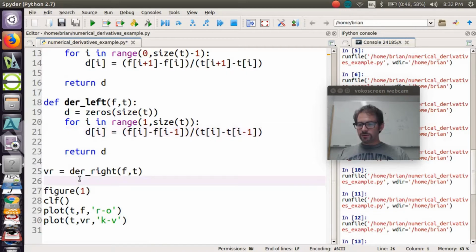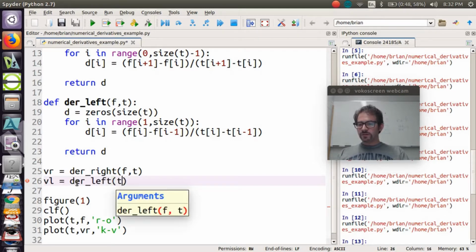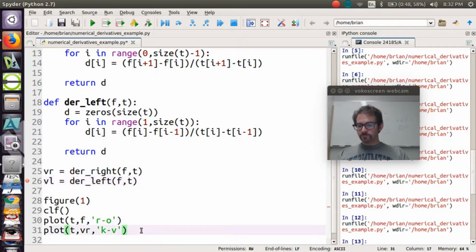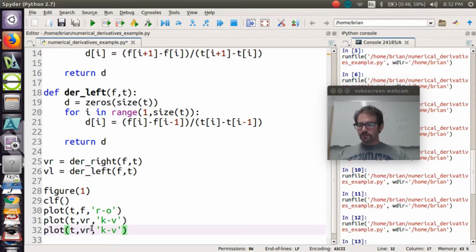We'll do that too, and I'll say v left. That's the velocity estimated using the left-handed derivative. That will be dir left of f and t. We'll plot that too. Let's use blue. Same idea, but v left, and b for blue here.